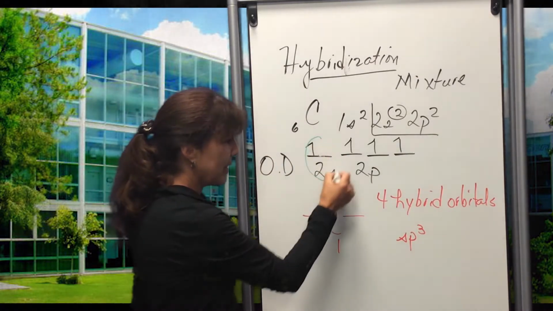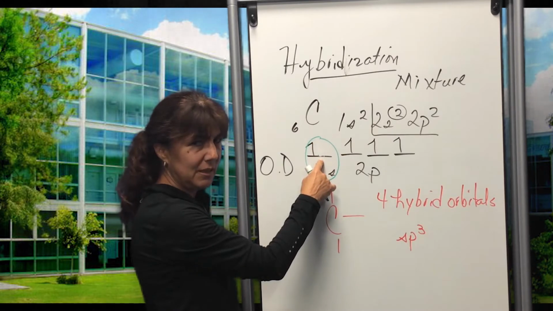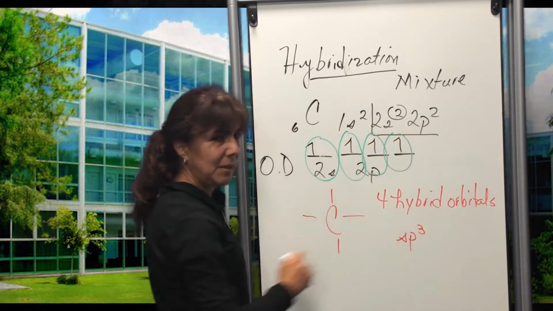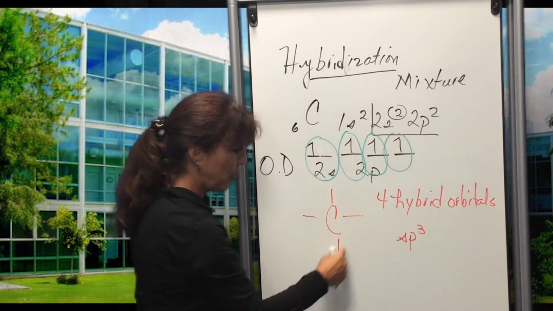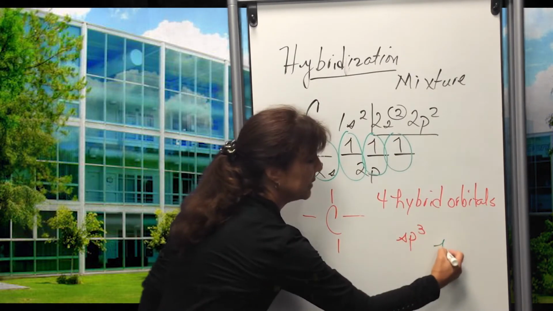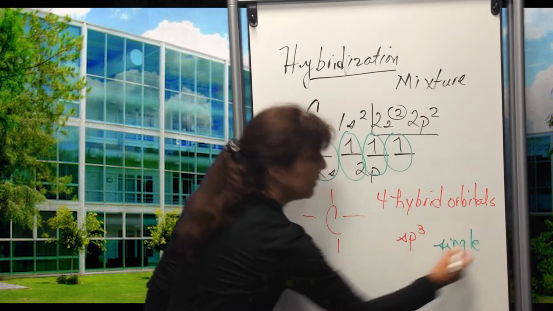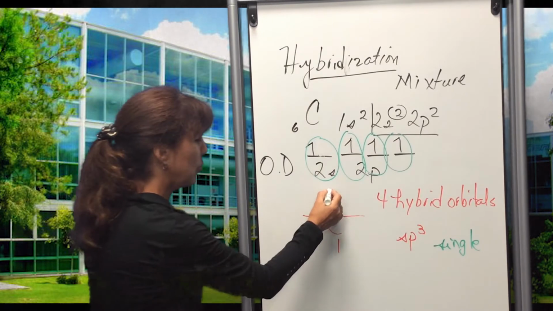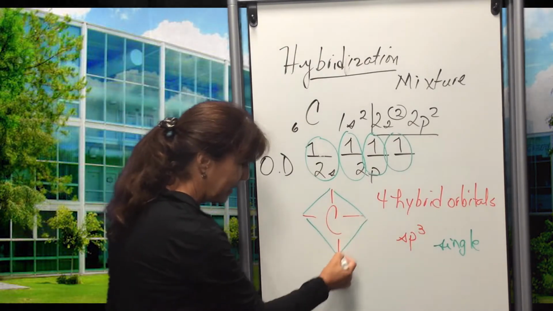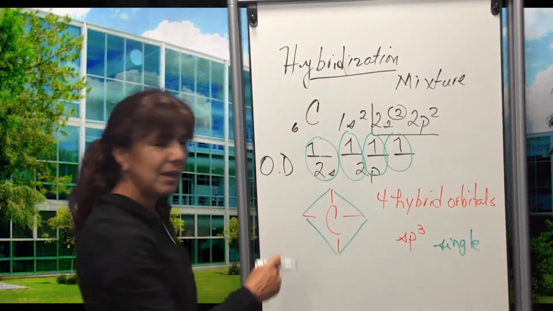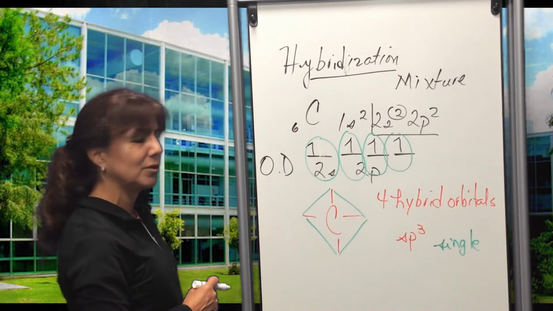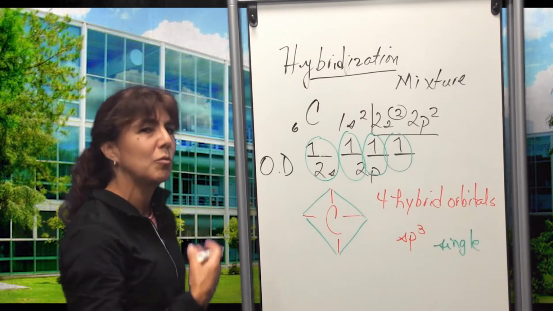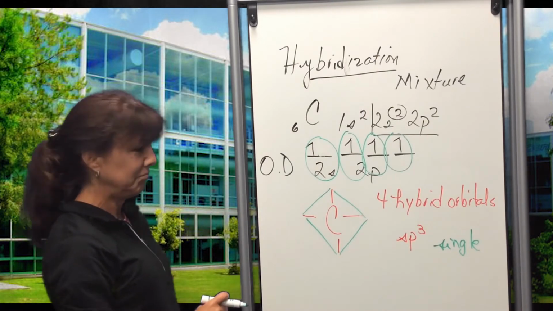Because you're using the s orbital and the 3 orbitals in p in order to form 4 single bonds. With this structure, this carbon atom would be in the center of a tetrahedral structure. And this is the regular structure of the carbon when forming an alkane.